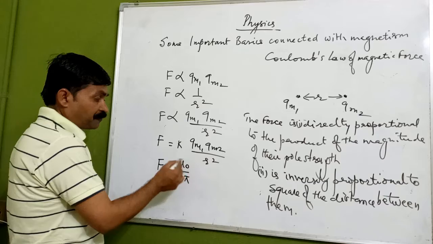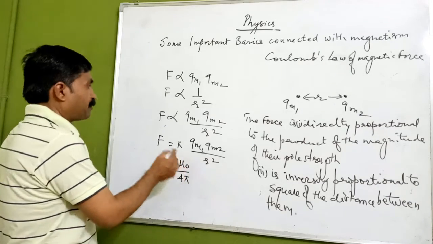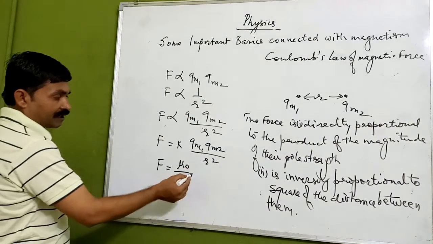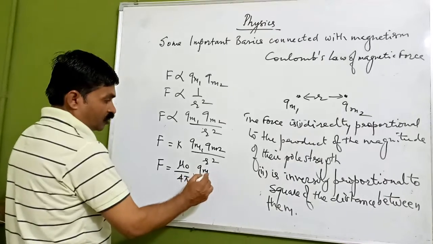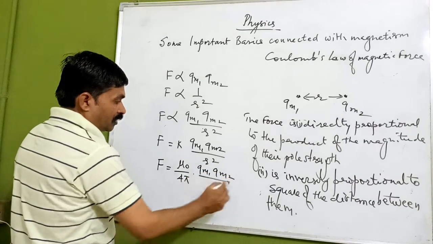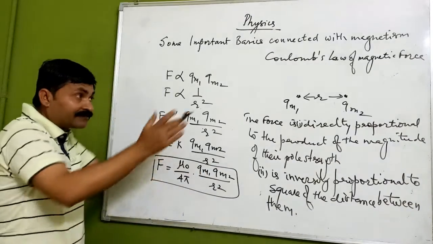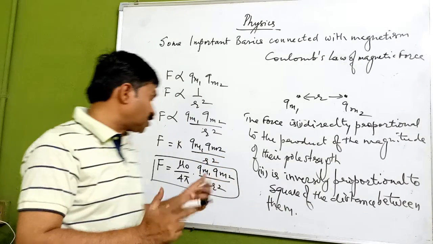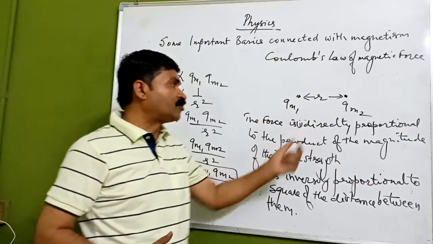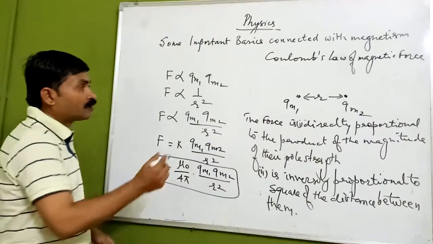Mu naught is the permeability, which we will discuss later on. So F is equal to mu naught upon 4 pi, Qm1 Qm2 upon r squared. This is the force acting between the two poles having strengths Qm1 and Qm2, placed in vacuum.